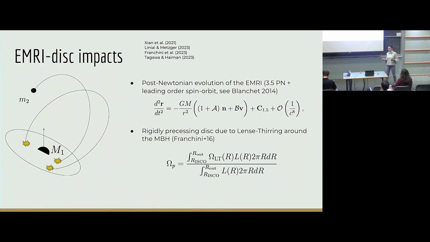We assume that this is a TDE-driven disk, so it's rather compact and geometrically thick, so that it can precess as a solid body with a frequency which is essentially a weighted average of the Lense-Thirring frequencies at each annulus in the disk.